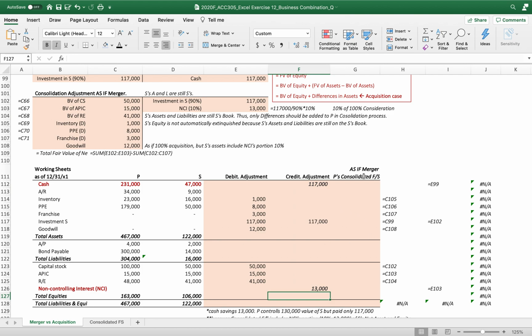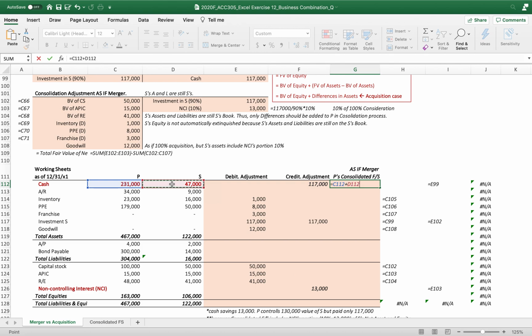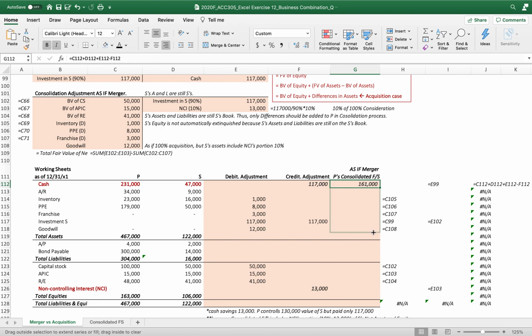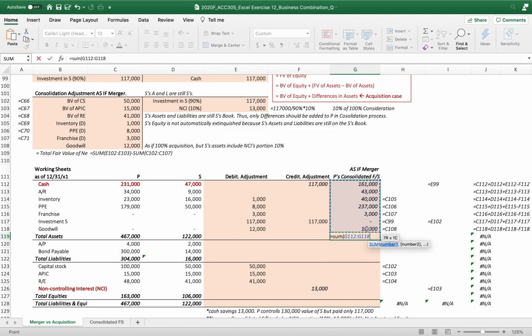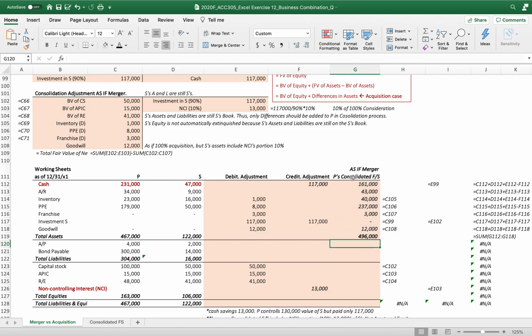Now let's combine the same way this S company manually and add the asset minus the cash out. So we have this, and then the total new asset amount on the consolidated financial statements is 496,000.